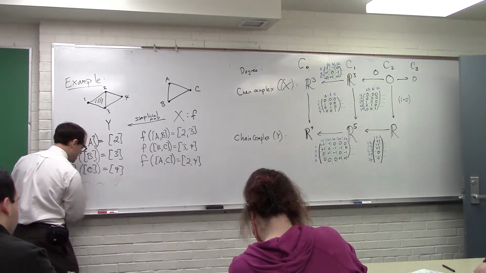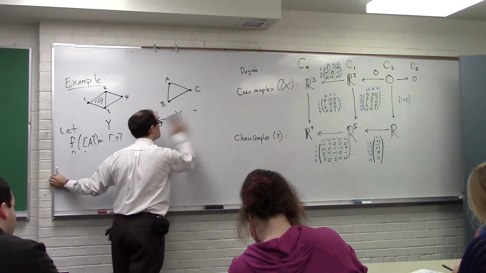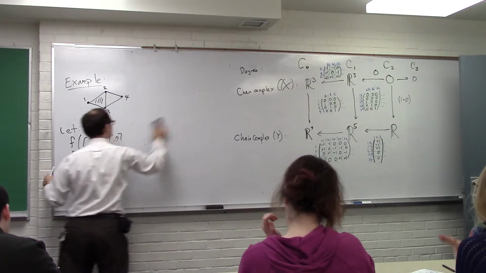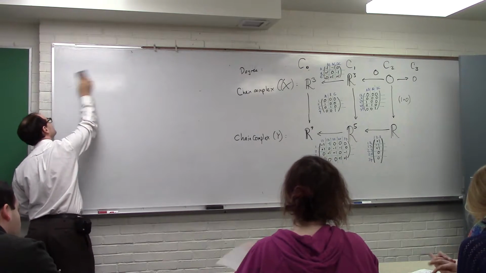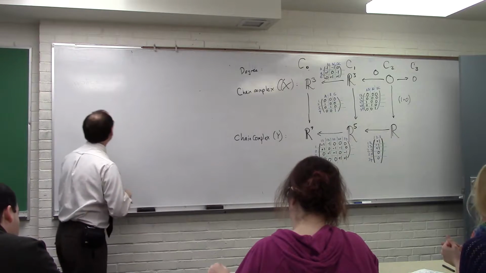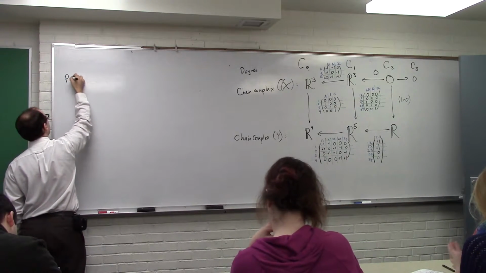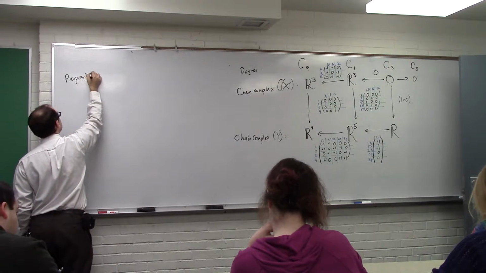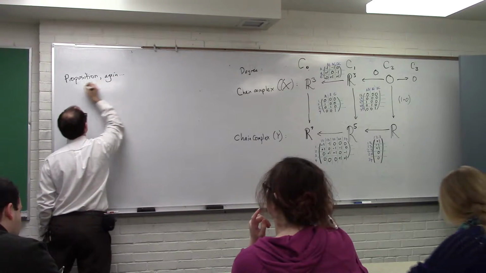So now what I need to do is set this in a theoretical context. In particular, first of all, we want to go after this proposition. So let's look at this proposition.